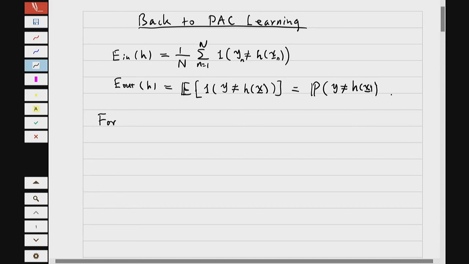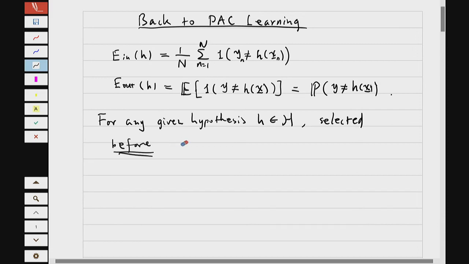For any given hypothesis H, in the hypothesis set H, we can do this if this hypothesis is selected before we see the data point. That's very important. Before we observe the data.